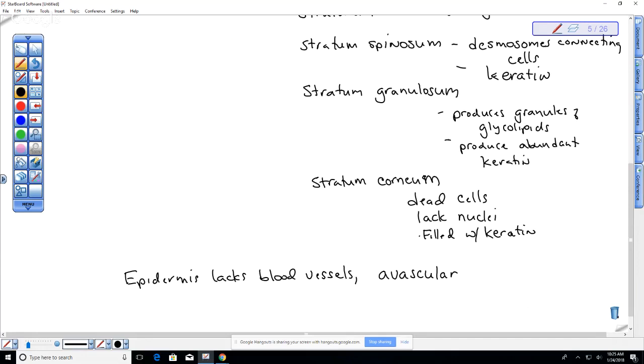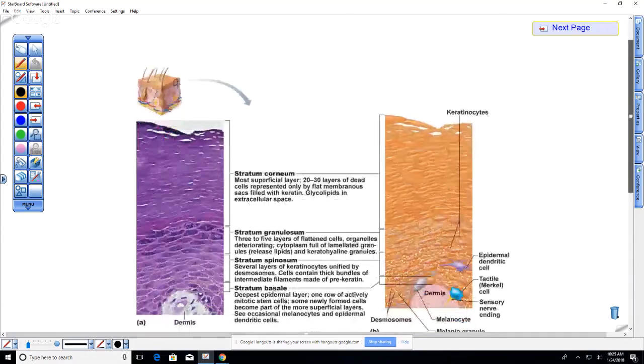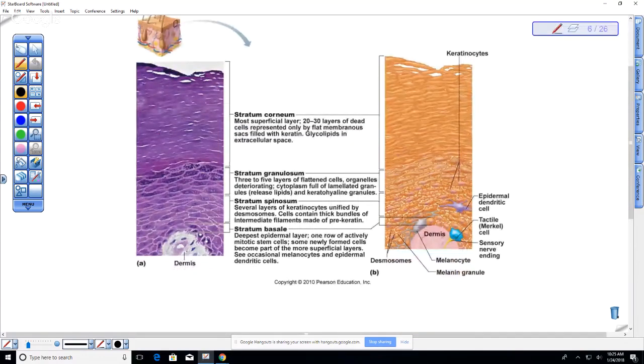Okay, so if we look at a diagram of these different layers, this is in your book. This is showing a microscope view, and this is just a diagram. So here you see the basal layer, and in the basal layer, that is where we have the melanocytes. So we talked about the importance of the melanocytes producing melanin to protect against UV radiation.